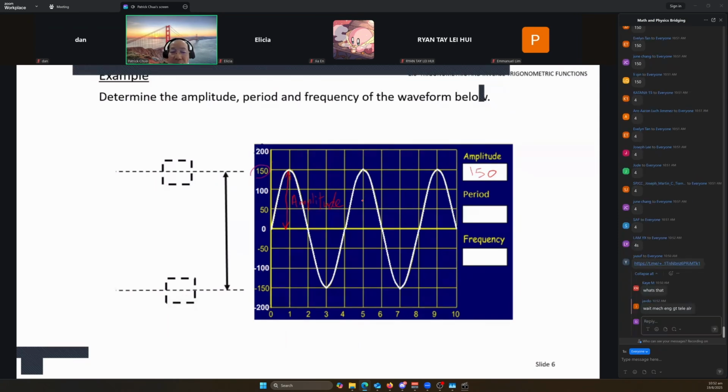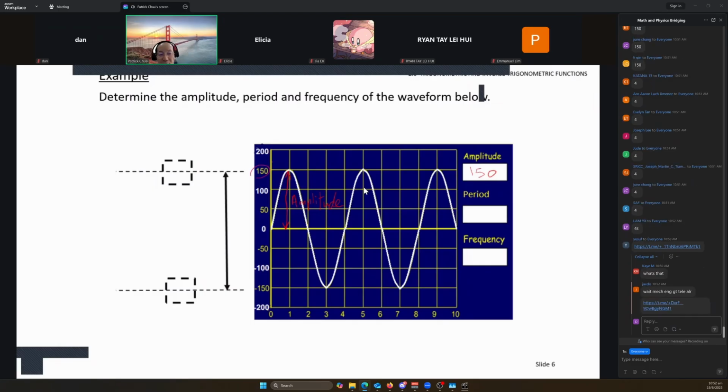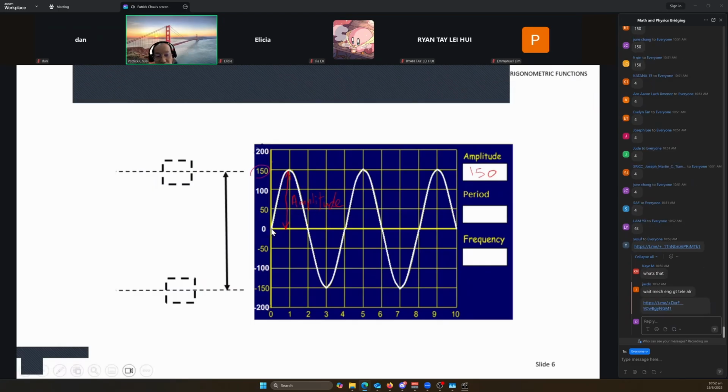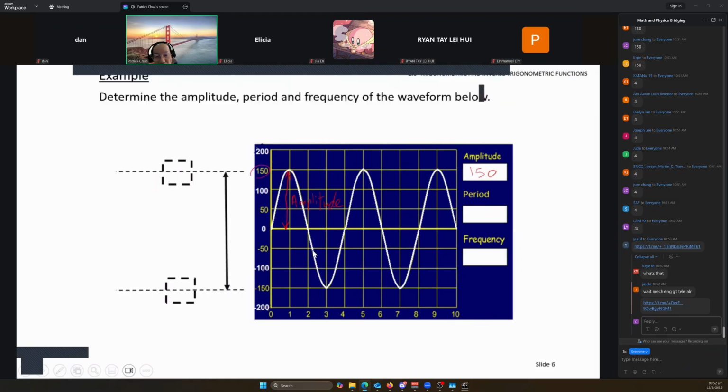Then the period is for one complete cycle. So if you see this waveform, it starts at 0. Then it goes up, reaches the peak. Then it goes down. As time passes by, then it goes up. There's one complete cycle. Then from here, it starts to go up again.